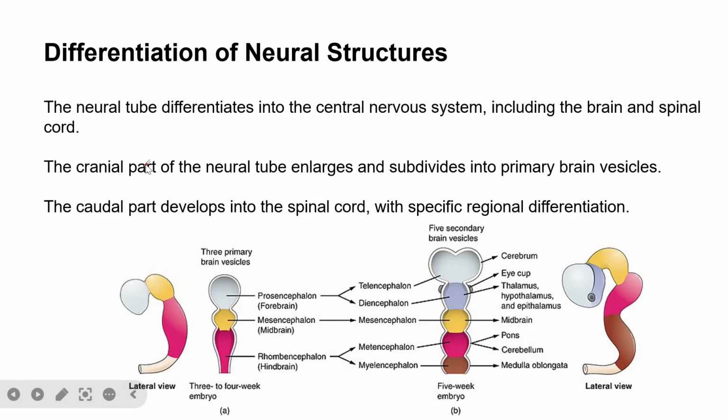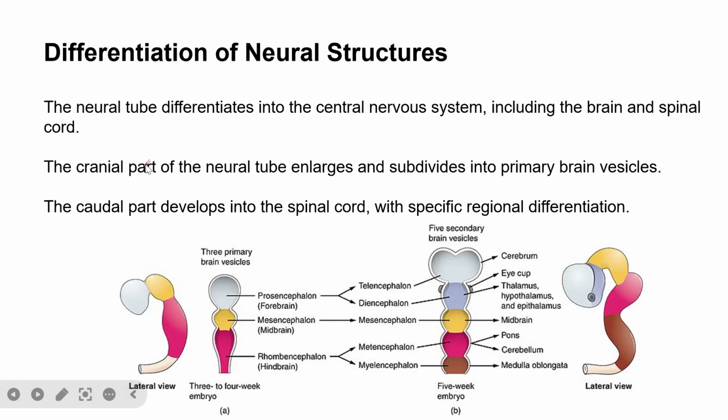So as you can see from here, ladies and gentlemen, we have three primary brain vesicles generated, which include the forebrain, midbrain, and hindbrain, called prosencephalon, mesencephalon, and rhombencephalon. So these are the three primary brain vesicles that are generated from the cranial part of the neural tube after it enlarges.